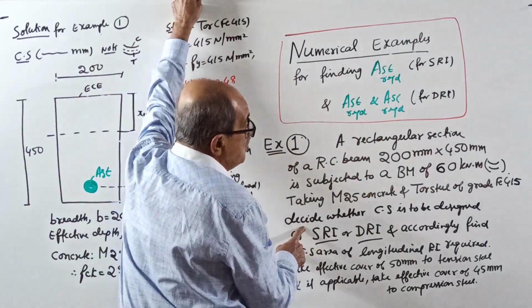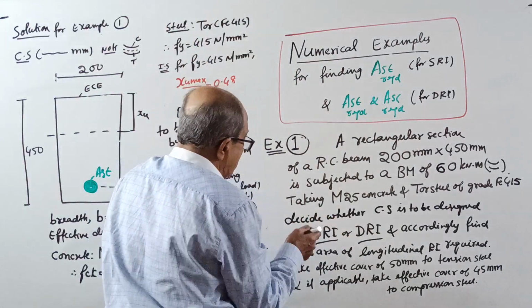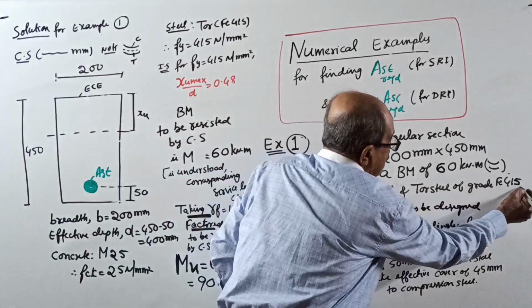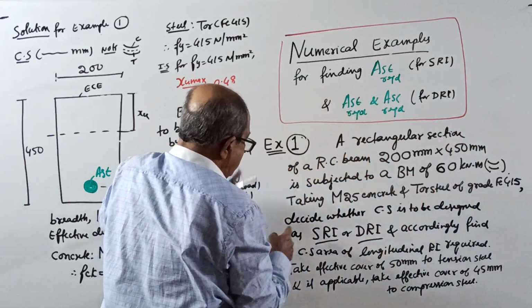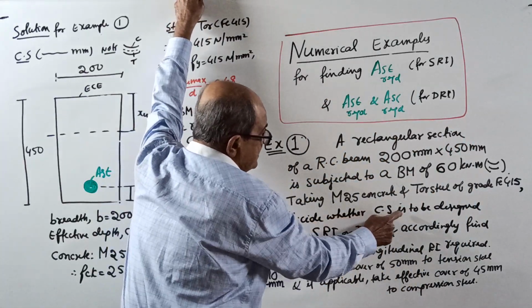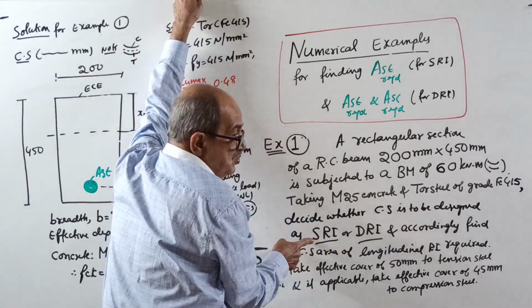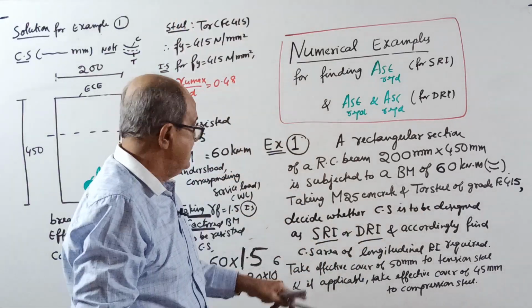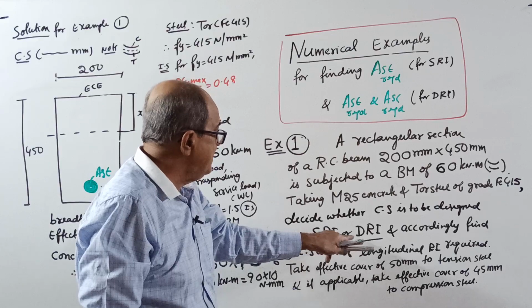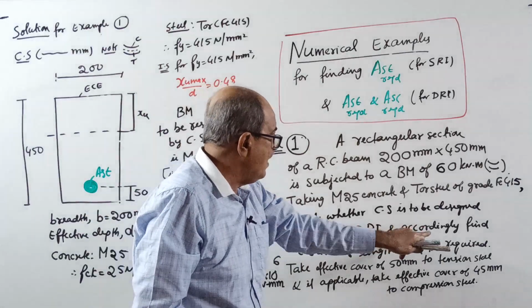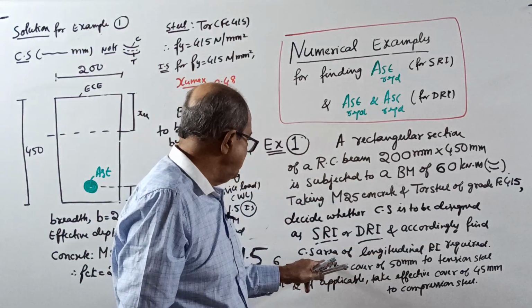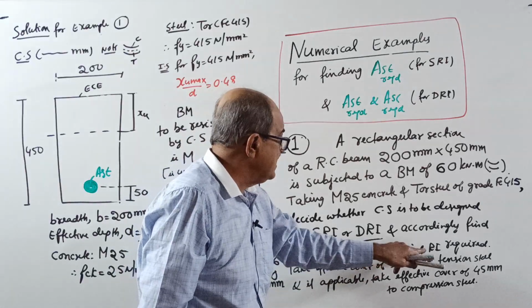See what you have to do. It's a single sentence: taking M25 and Fe415, decide whether the cross section is to be designed as, don't write it this way, write in full, singly reinforced or doubly reinforced, and accordingly find the cross-sectional area of longitudinal reinforcement required.